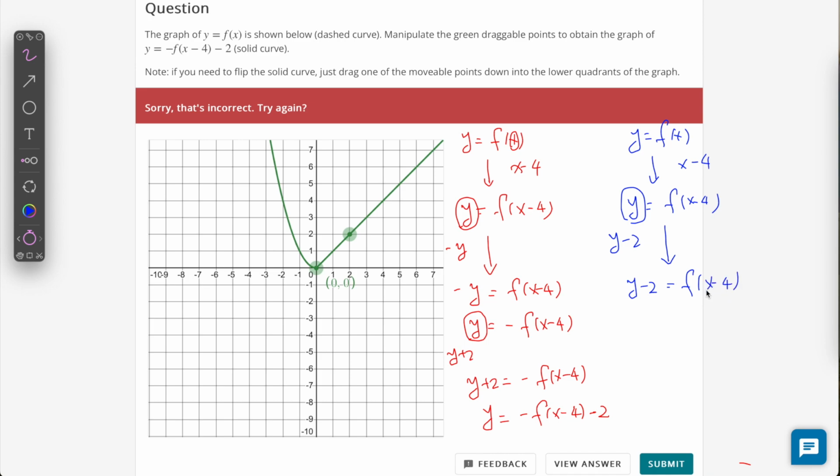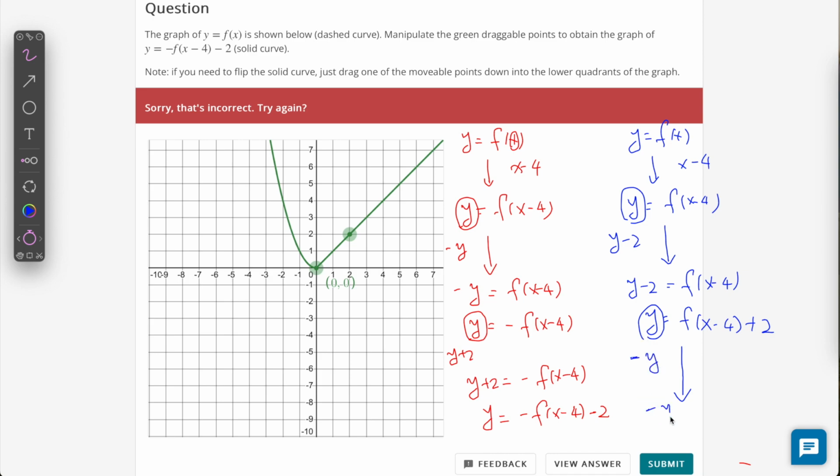This may not look very intuitive to start with, but it will show why it makes sense later. So we have y equals f of x minus 4 plus 2 by moving -2 to the other side. And the last step, we're going to consider reflection by replacing y with -y.